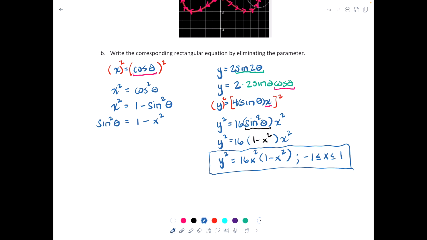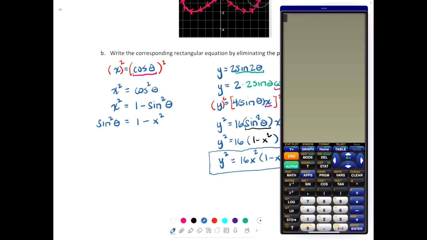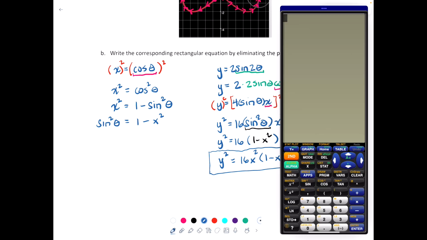Now, let's take a look. Let's go back to the graphing calculator and change our mode back to function. Notice that to graph this, we're going to have to do 2 graphs, because we'll get a plus or minus.